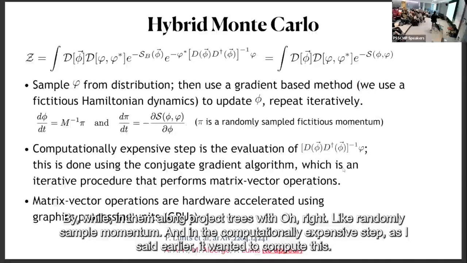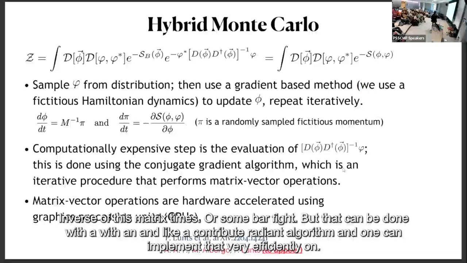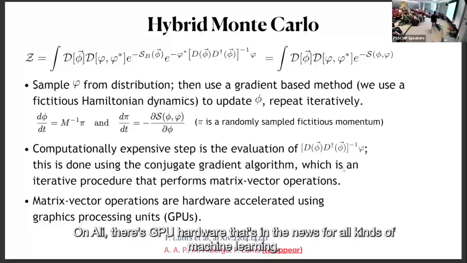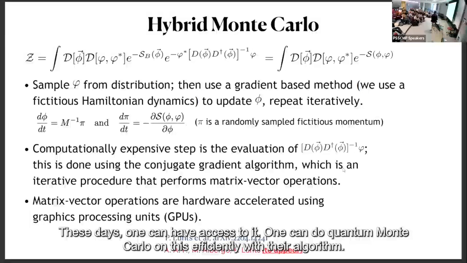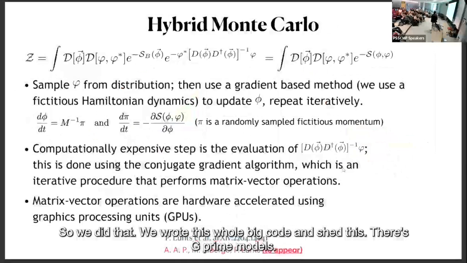And in the computationally expensive step, as I said earlier, one has to compute the inverse of this matrix times some varphi, but that can be done with an iterative solver like a conjugate gradient algorithm, and one can implement that very efficiently on GPU hardware that's in the news for all kinds of machine learning these days. But if you have access to it, one can do quantum Monte Carlo efficiently with this algorithm. So we did that.